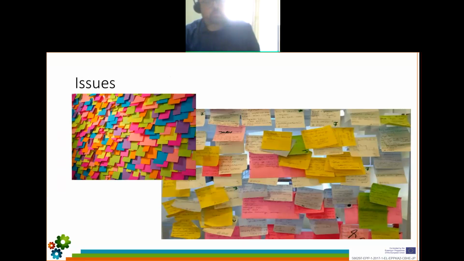There are some practical issues with design thinking, and that's why we came up with some computer-based solutions. One of the issues is that there are so many post-its. Post-its are awesome because they are flexible, but they are also very fragile, and it's difficult to keep track. So how did we keep track in those workshops? We did exactly what I did here, which was taking a photo of the actual post-its.